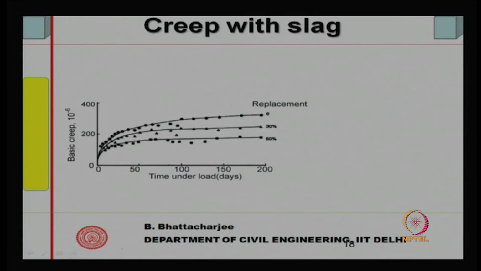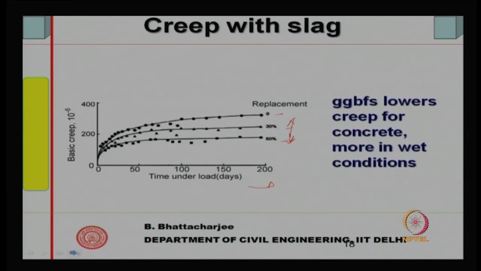Creep with slag, if you look at it, is shown for 0 replacement, 30% replacement and 80% replacement, basic creep. So, you can see that as I add the slag, creep really reduces. Time under load is the same. So, basically GGBFS lowers creep for concrete, obviously more in wet condition, and the behavior is almost similar to fly ash.